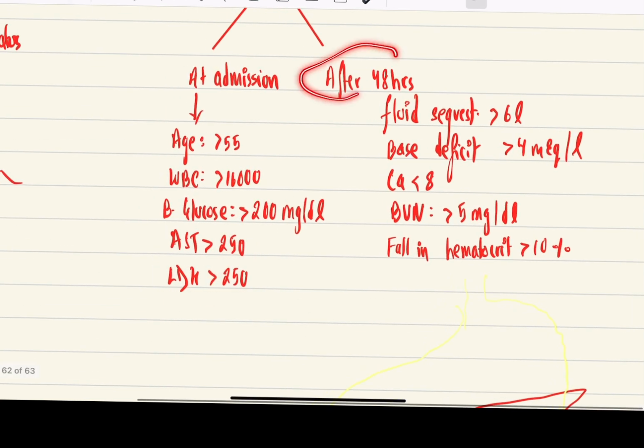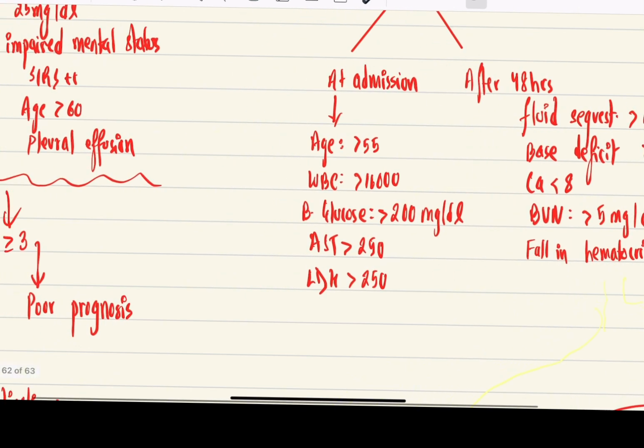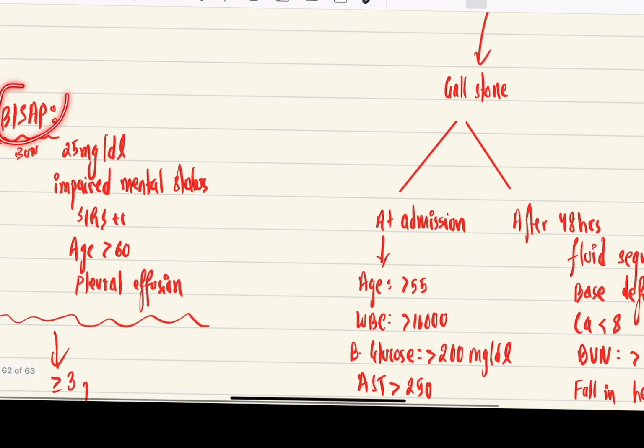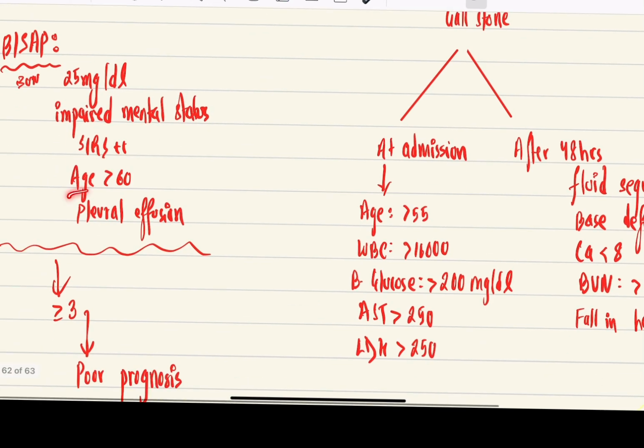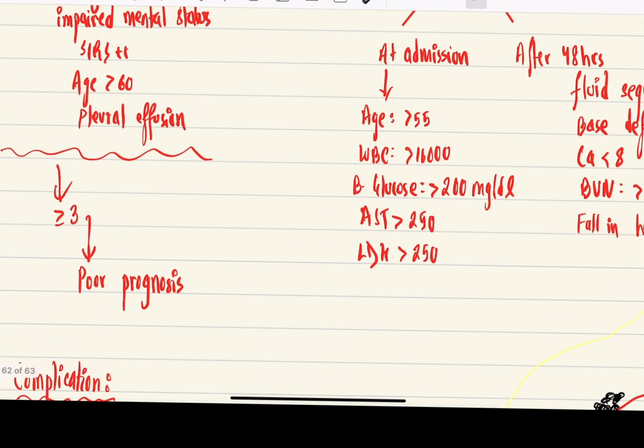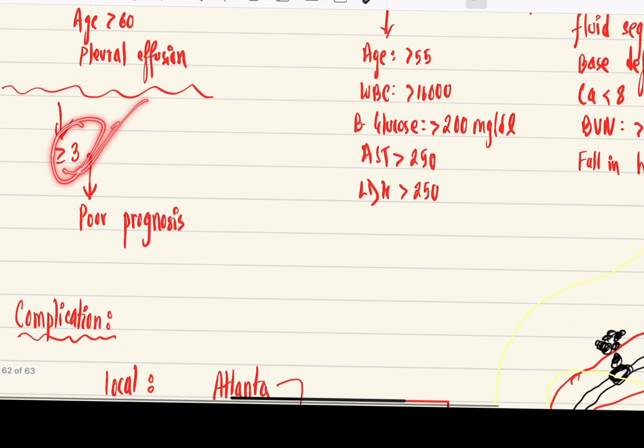And after 48 hours, we should check fluid sequestration, base deficit, calcium less than 8, blood urea nitrogen rise, and fall in hematocrit of more than 10%. In the BISAP score, we have blood urea nitrogen, impaired mental status, SIRS, age, and pleural effusion. If the score is 3 or more, there is a poor prognosis.